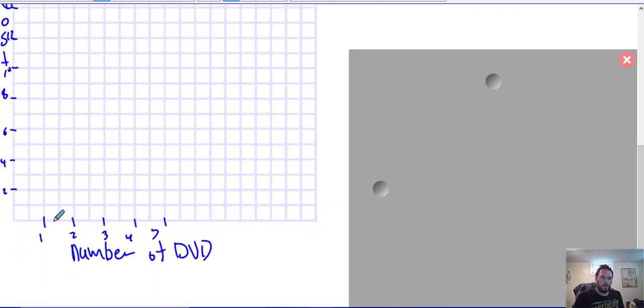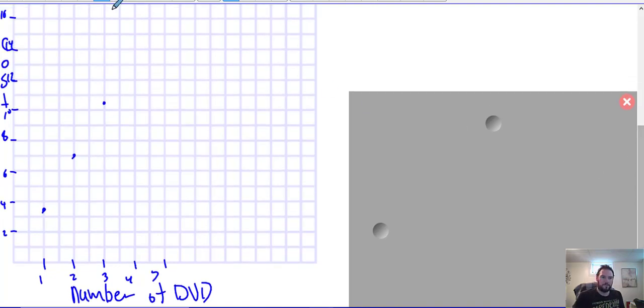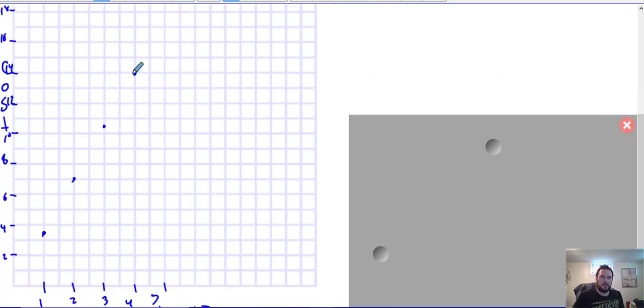So 1 and $3.50, 2 and $7, 3 and $10.50, 4 and 14. Brain stopped working there for a second. 4 and 14, and then finally 5 and 17.50. All right, so there's my graph.